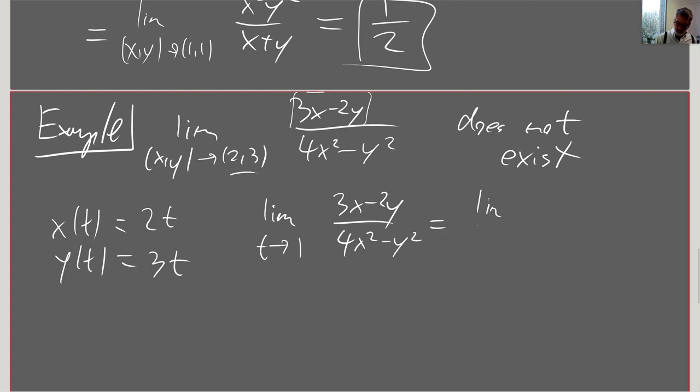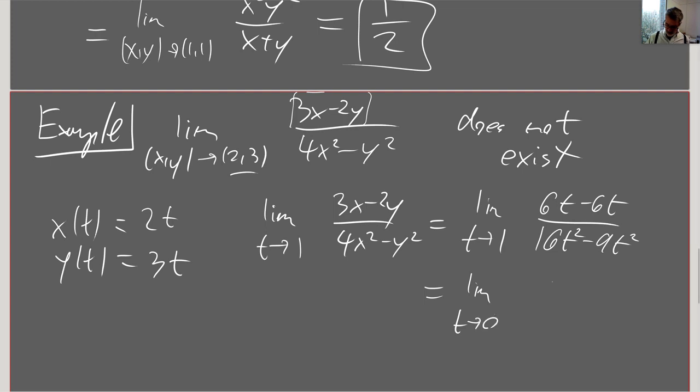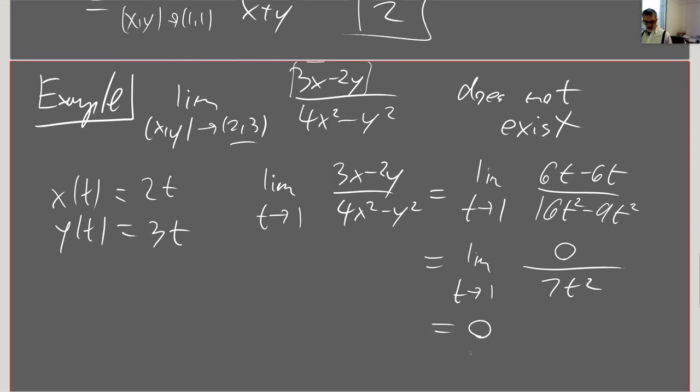This is going to be the limit as t goes to 1 of 6t minus 6t divided by, on the bottom, 4 times 4 is 16t squared minus 3 squared is 9t squared. So that's the limit as t goes to 1 of 0 divided by 16 minus 9, which is 7t squared, and so that's certainly 0. All right, that's all well and good.